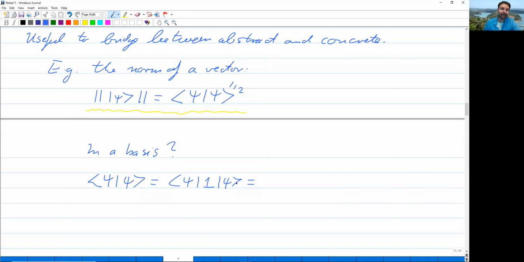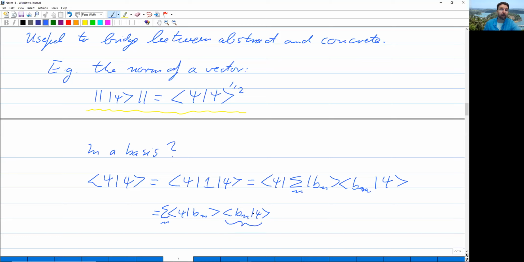Okay, but remember that the identity can be written as a sum of ket bras in the B basis. So we can write this as psi, and then sum over n, and then here's the resolution of the identity from above, |bn><bn|, and then psi. So let's put the sum over n outside, and then it's <psi|bn><bn|psi>. Let's identify what we have.